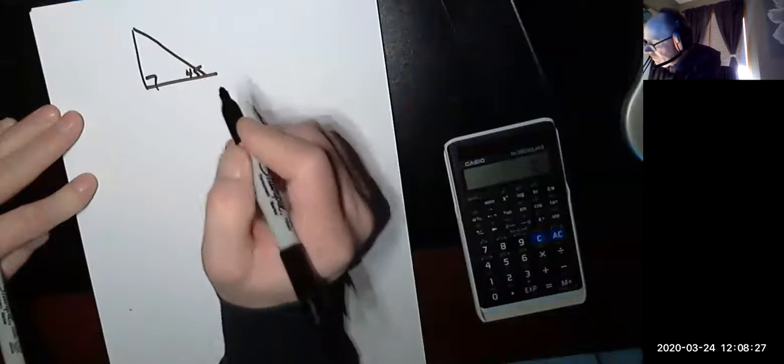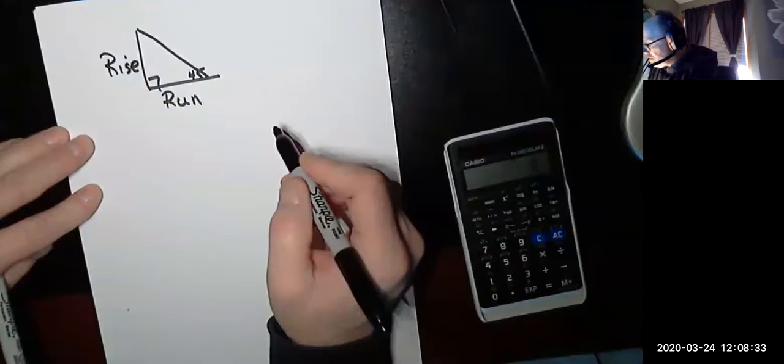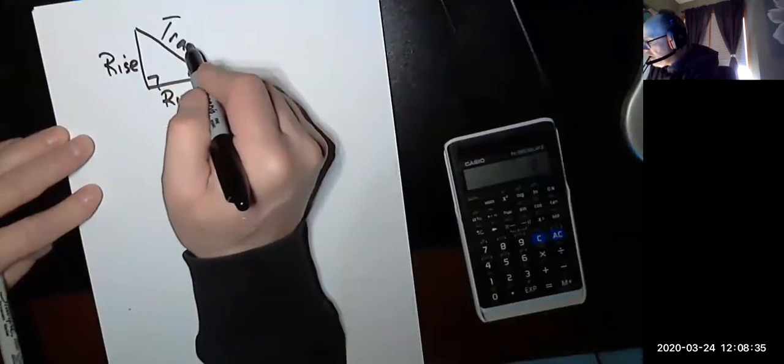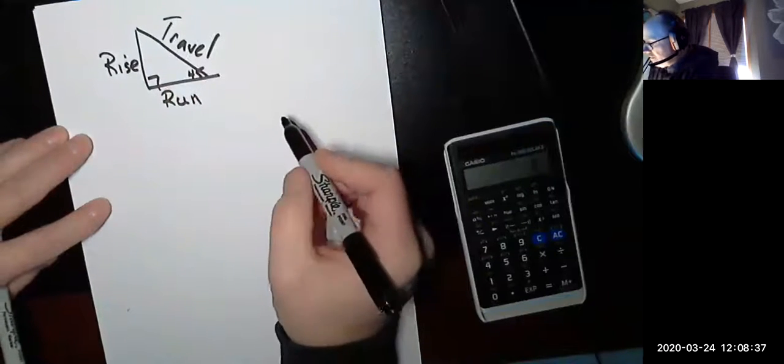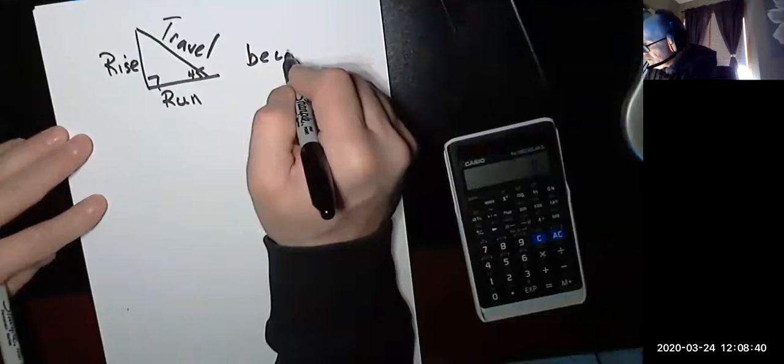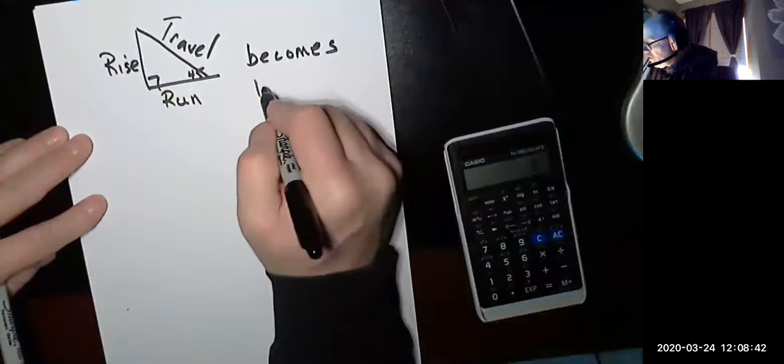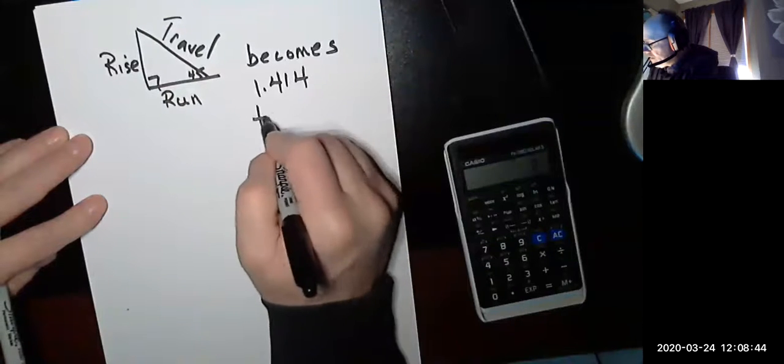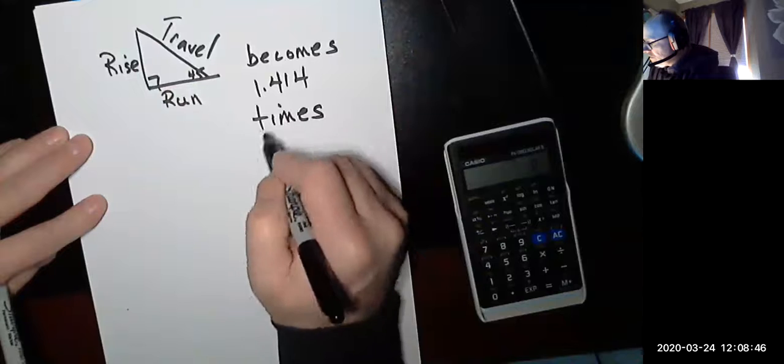The next part that I want to explain on a 45-degree right angle triangle. So if this is 45, the right angle, the run and the rise are constant. The travel, however, becomes 1.414 times longer.